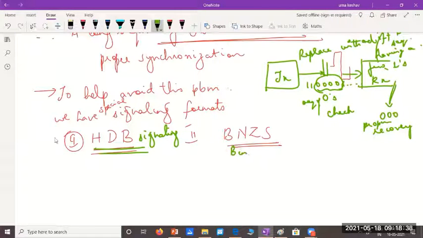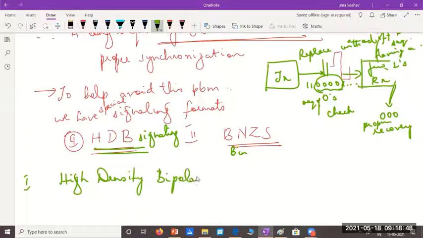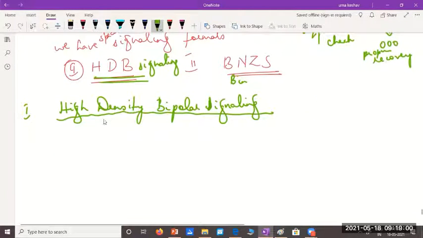Okay, I'll write the expansion. The first one which we are going to study is high density bipolar. So this will help us in overcoming the major problem of bipolar signaling scheme. Usually it is represented as HDBN.